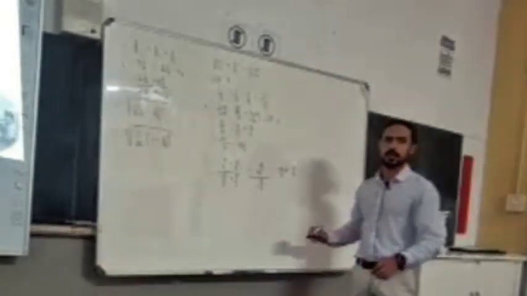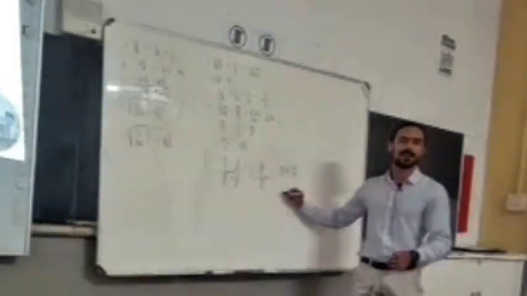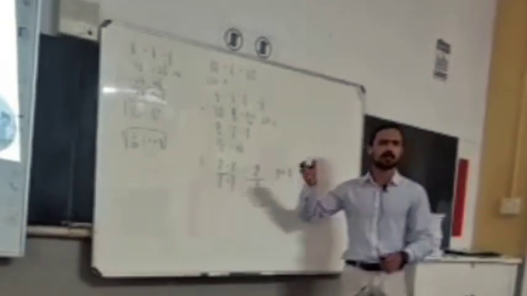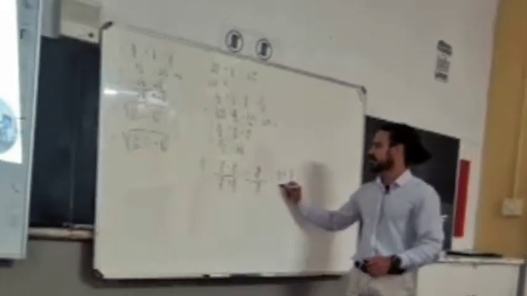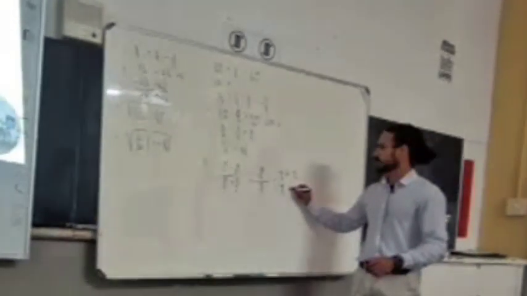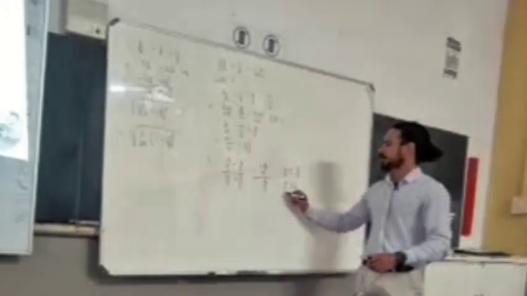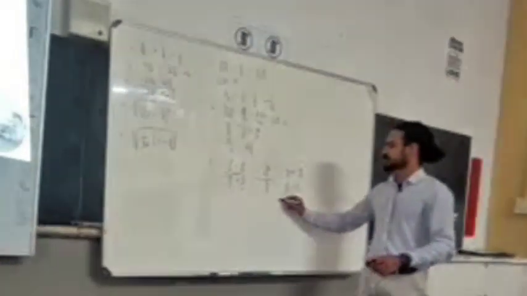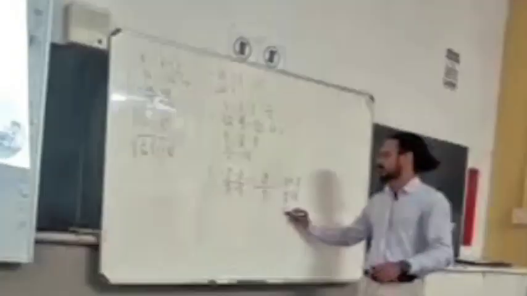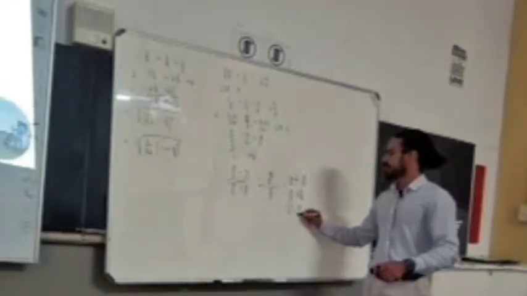What I can do now, if I'm doing division of fractions, I can multiply with a reciprocal. Ever heard of that word? Just means the inverse. So that means I'm going to say negative 18 over 2 times 2 over negative 8, and then that one and that one cancels out, so I'm left there with negative 18 over negative 8, which equals 9 over 4.